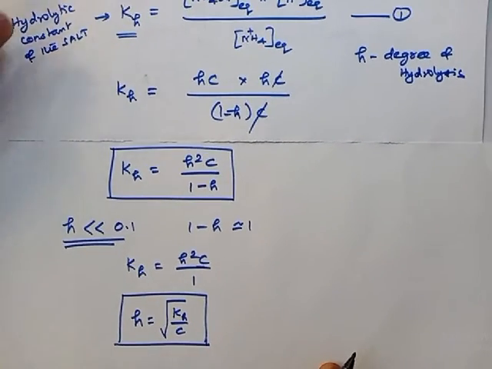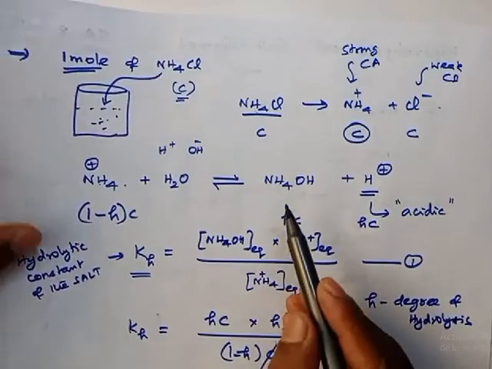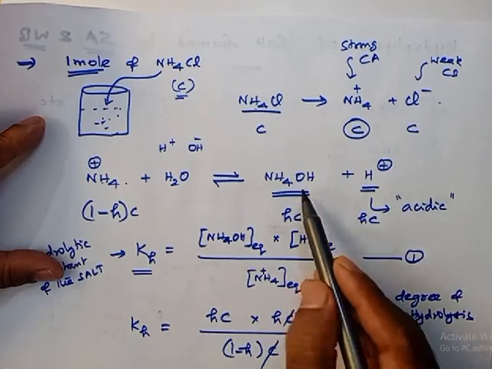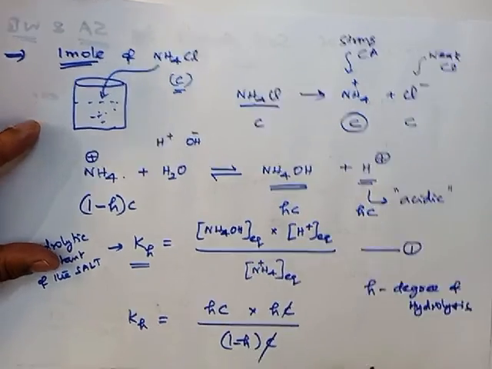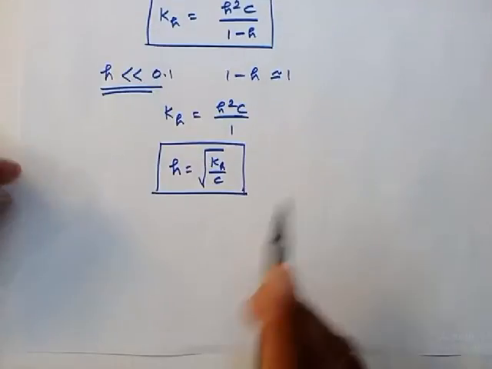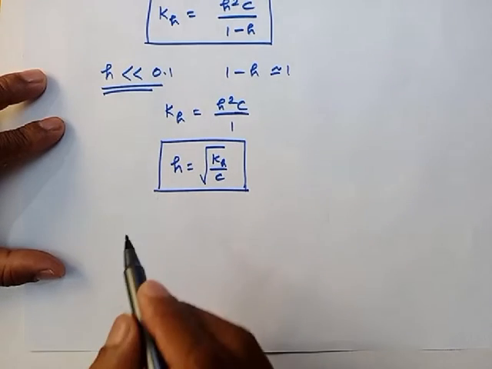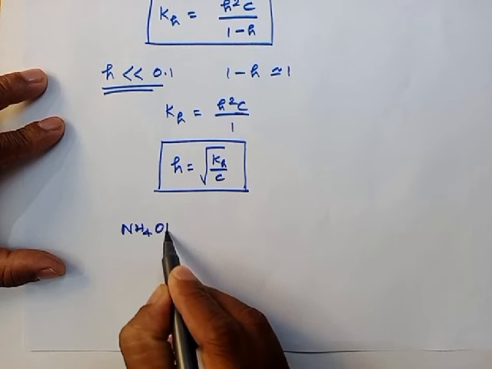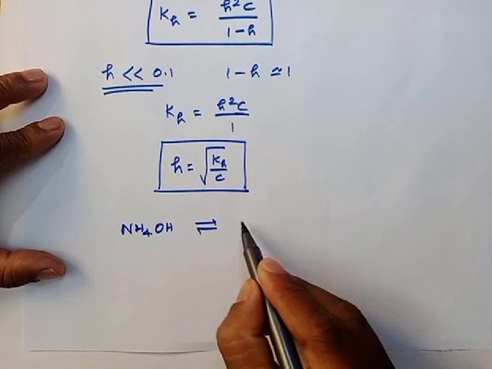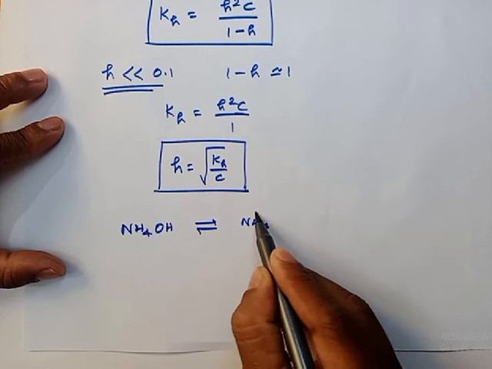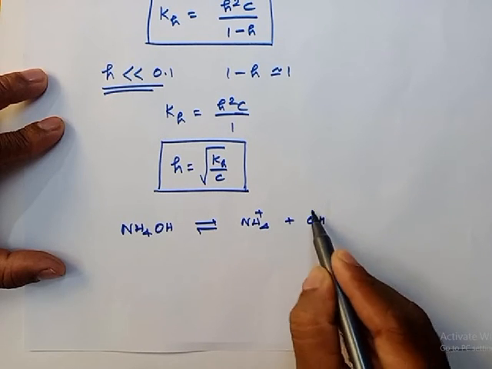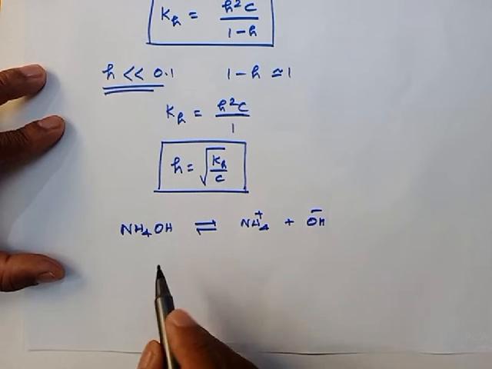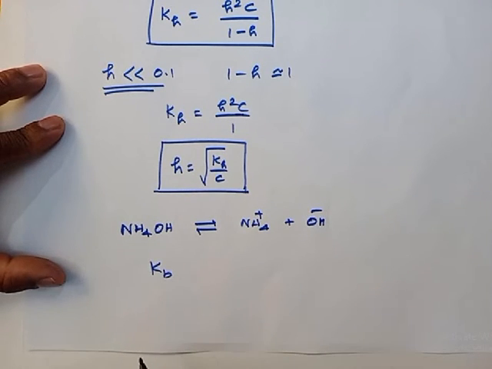Then in this reaction, we get a weak base, ammonium hydroxide. This weak base also undergoes ionization. So let me take that first. Ammonium hydroxide is a weak base which undergoes ionization and gives ammonium ion and hydroxide ion. All these are present in aqueous medium, right? Now for this we can write the equilibrium constant Kb.